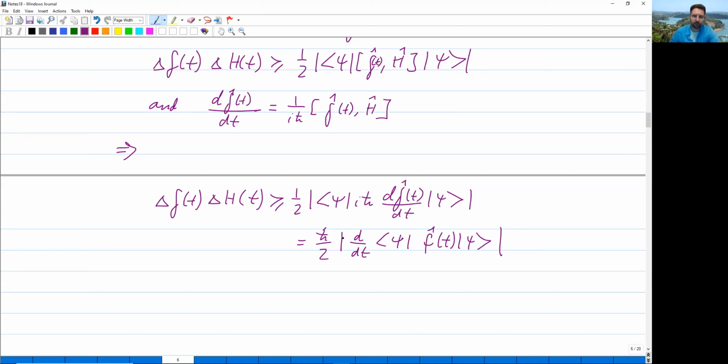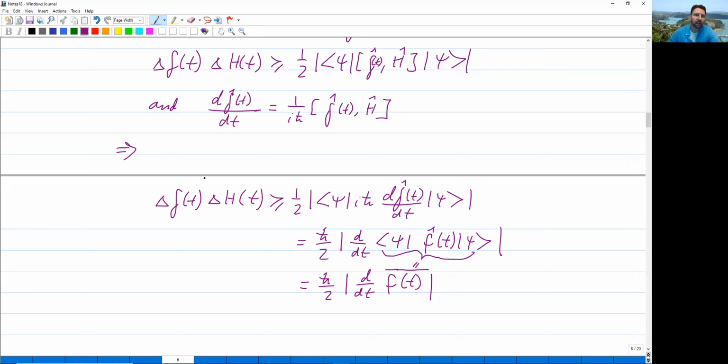Okay, so we have reformulated our uncertainty principle in this form now. And we can rewrite it as h bar half, and then it is the absolute value of d by dt of f bar of t, right? Because that's what this is. This is equal to this. Okay, now where are we aiming with this anyway?